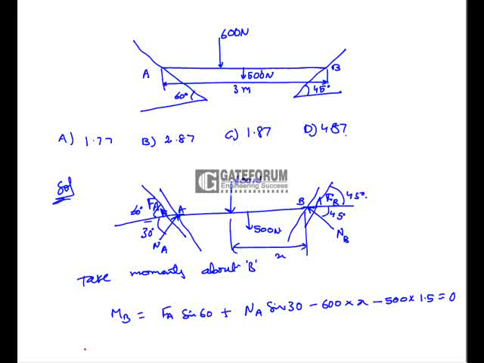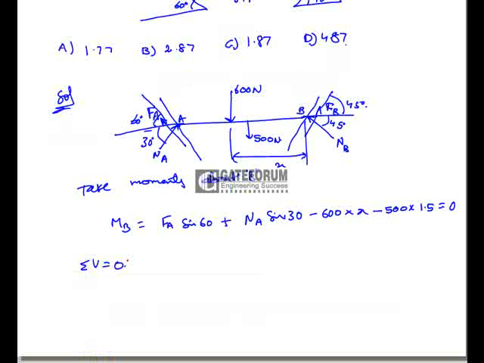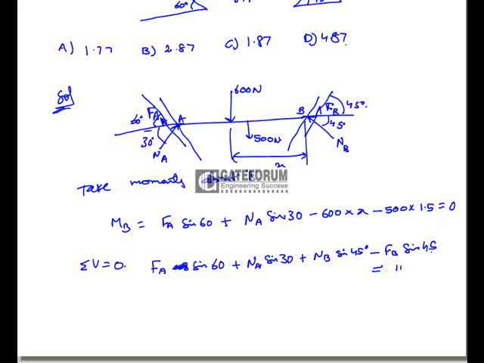So here consider sum of the algebraic vertical forces equal to 0. So from this equation, it is FA sin 60 plus NA sin 30 plus NB sin 45 minus FB sin 45 is equal to sum of the downward forces, that is 600 plus 500, it is 1100 newtons.